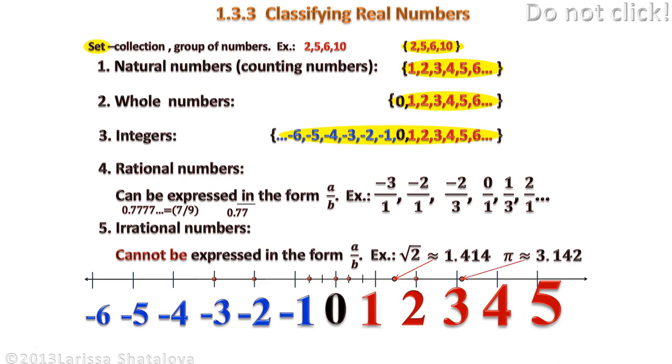And this goes on and on and on. So you have to round. This is why you can plot irrational numbers on a real number line, but it will be approximate because you have to round. Irrational numbers are represented by non-repeating, non-terminating decimal numbers.